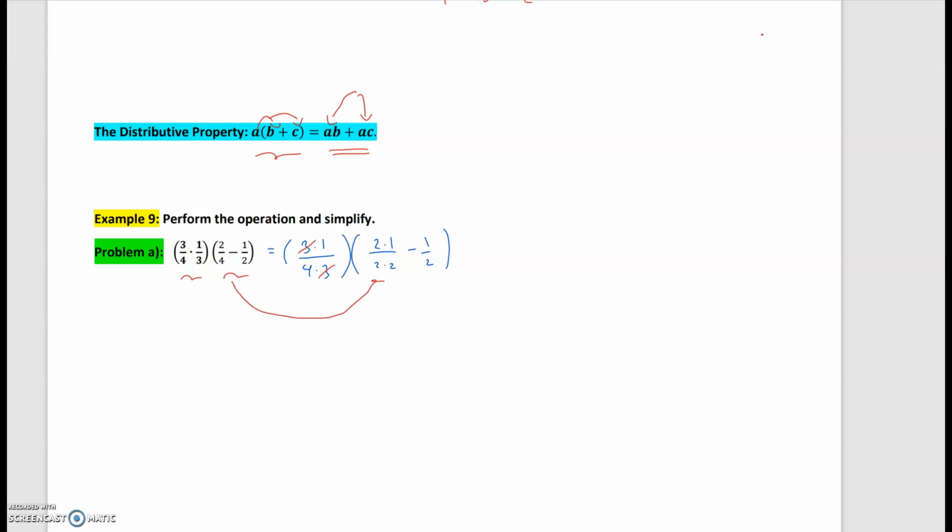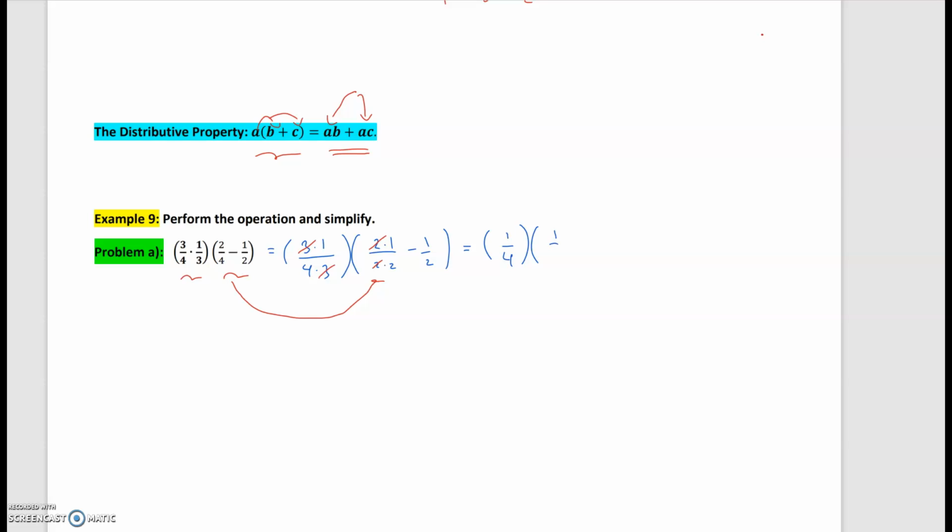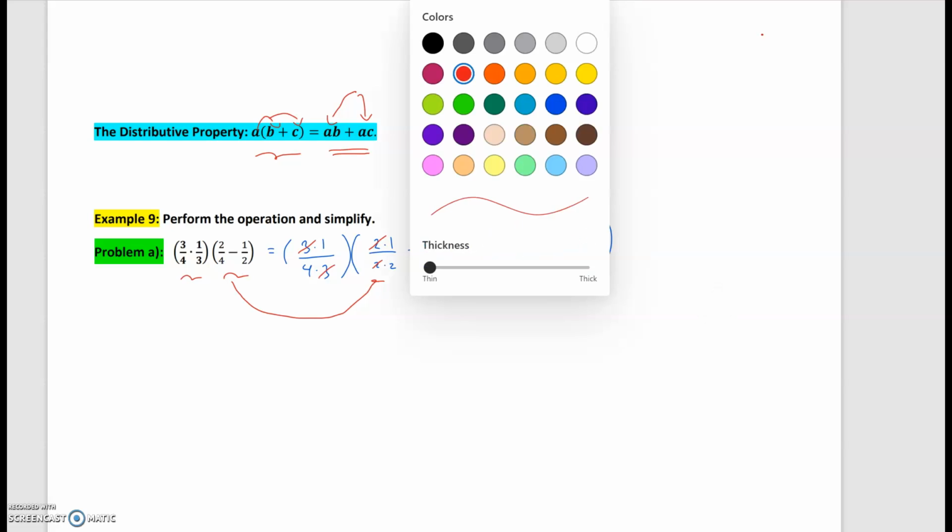That's your 1/4. And then let me rewrite the simplified fraction. So out of the first parentheses, we're left with 1/4. Out of the second parentheses, we're able to cancel the 2's. So this is going to give us a 1/2 minus another 1/2, and this is good news because these two cancel out.